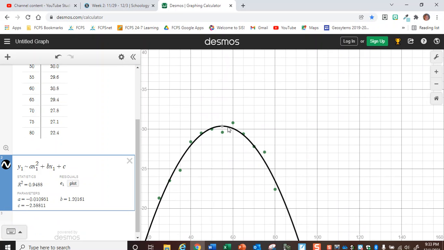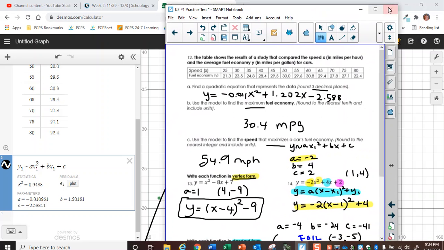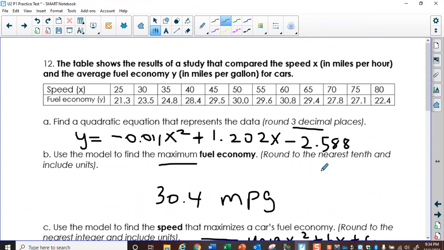I want to be able to see exactly where my vertex is. So what I'm looking for, right, this is going to be a maximum, right? So the maximum is going to be the vertex. And if you look at the question, it's asking you about the maximum fuel economy. So that was the Y value of my vertex.